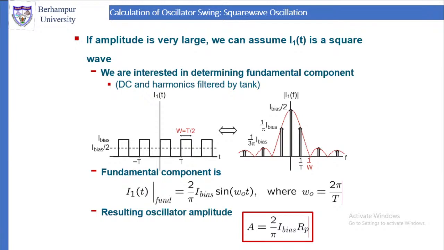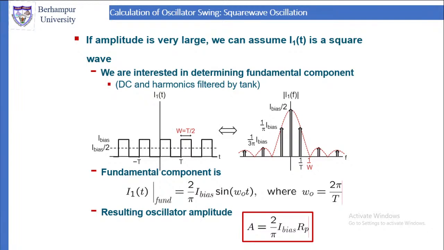Now look at the figure. From the figure, you can see easily that the fundamental component I1 is equal to 2 by pi. Using the Fourier analysis, it will be 2 by pi into I bias into sin omega 0 t, where omega 0 is equal to 2 pi by capital T. So the resulting oscillation amplitude is 2 by pi into I bias.